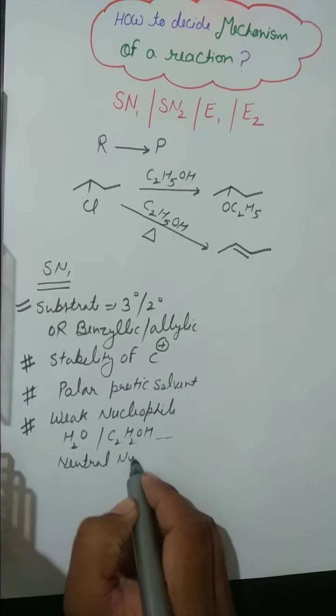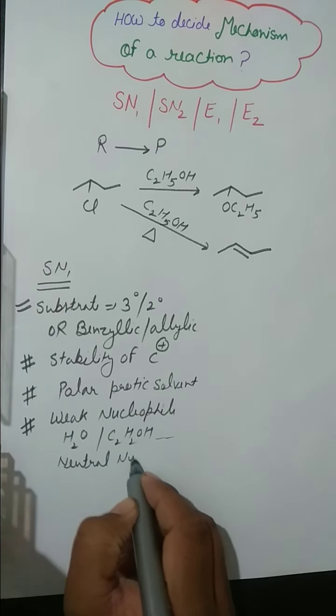There are some other factors which decide strength of nucleophile. We have a separate video for that, to compare the nucleophilicity of different types of nucleophile. So these factors govern our SN1 mechanism. Clear? If moist Ag2O is taken, then it also shows SN1 mechanism.